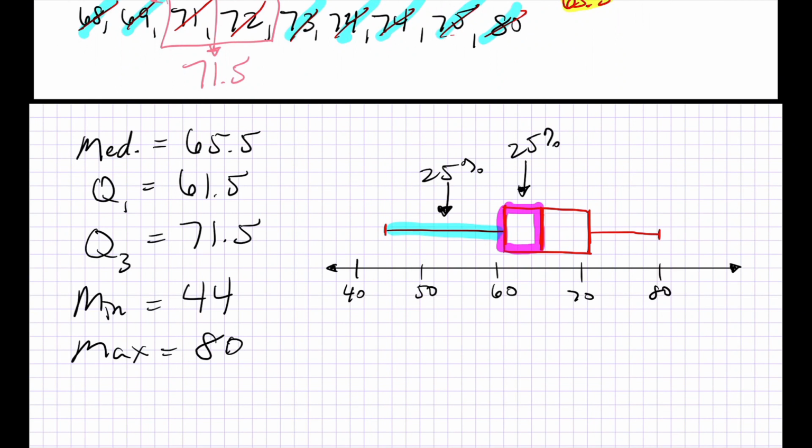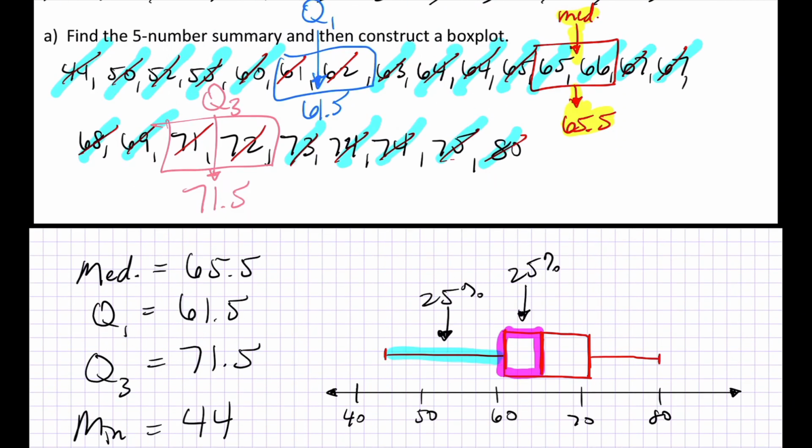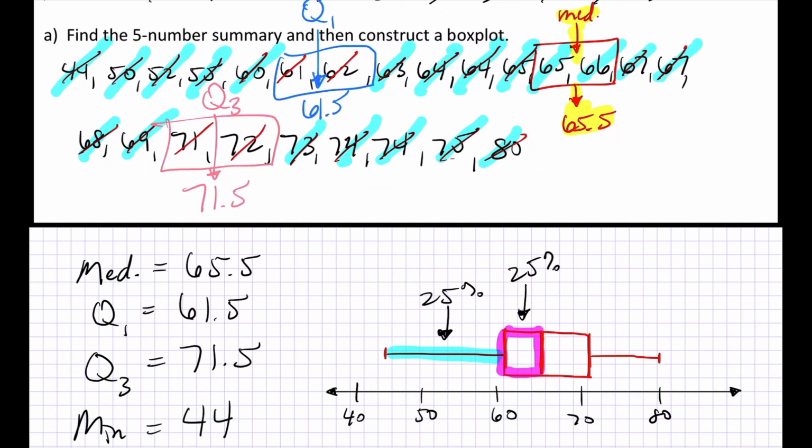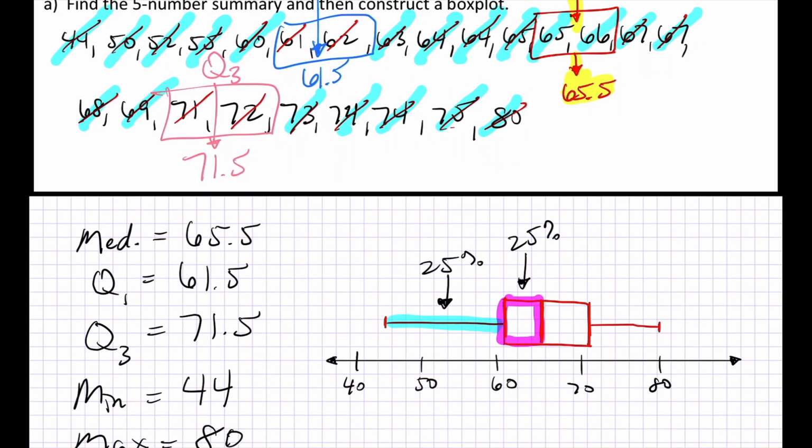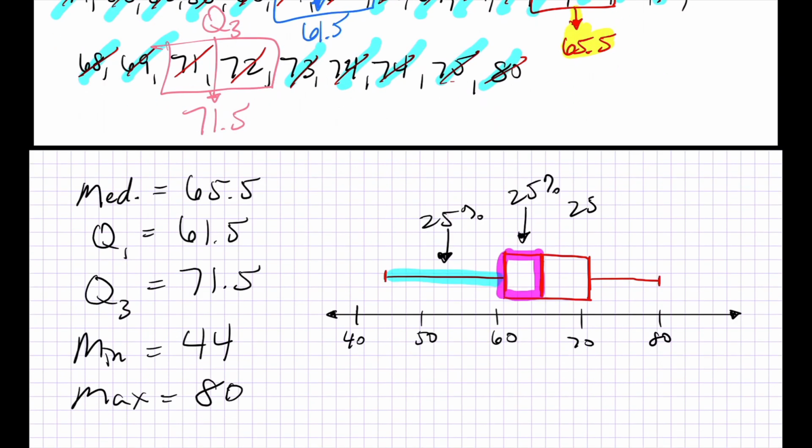How many numbers do you think are from 61.5 to 65.5? Yeah, 1, 2, 3, 4, 5, 6. It's all the same. They're all the same percentage. They're all 25%. I could do that for this one here, and for this one here.